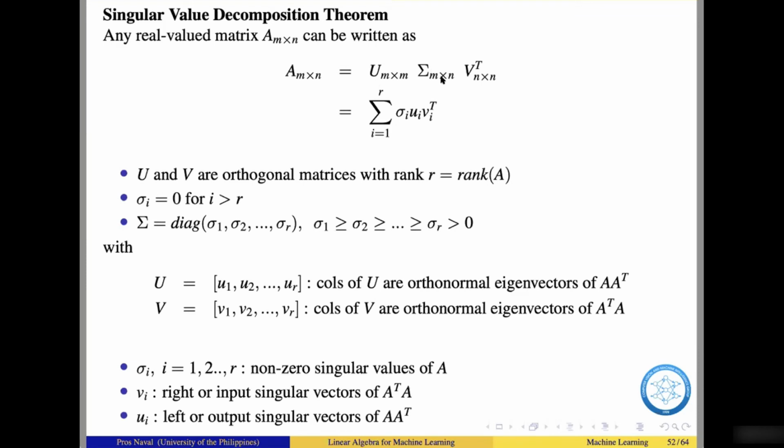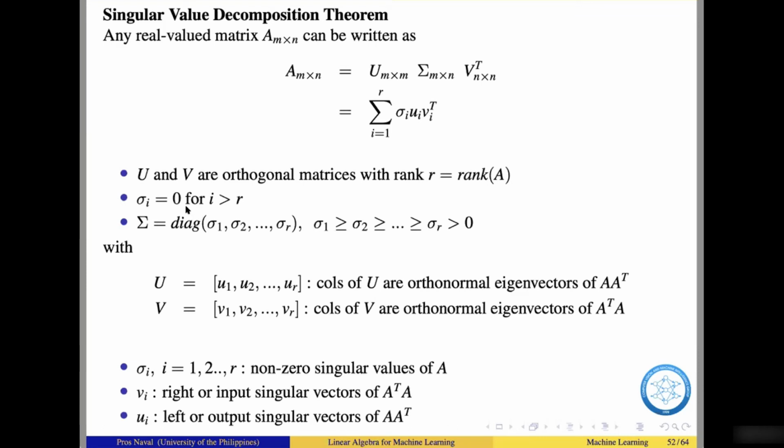Sigma is a diagonal matrix, not necessarily square, containing the singular values, which are all non-negative. These are all greater than or equal to 0.